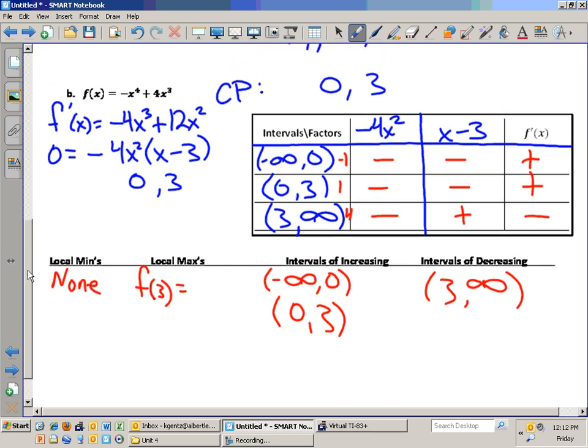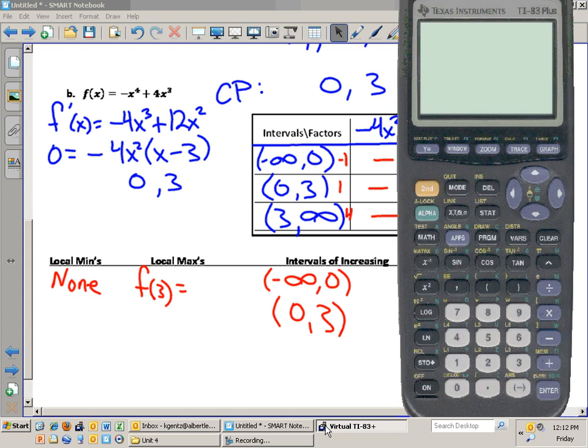Now, let's look at the actual graph to verify whether or not we did this correctly. If we go into y equals and we type negative x to the 4th plus 4x to the 3rd, and we graph that, I'm going to change my window because it's way out of whack.